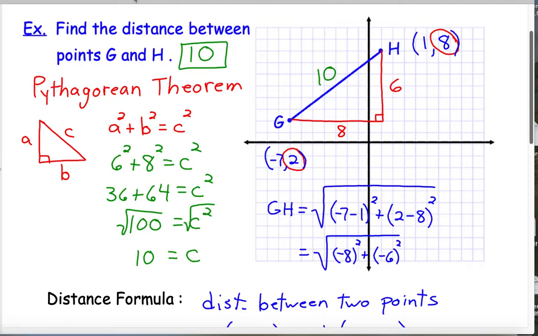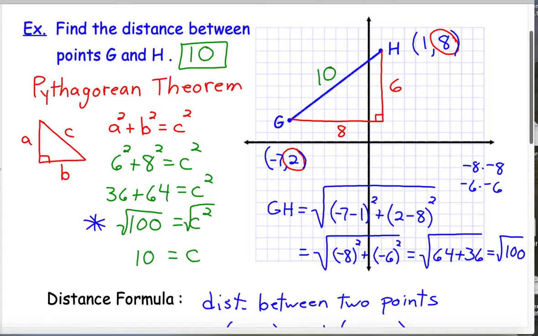And so let me keep going to the right. Now, negative 8 squared, that's negative 8 times negative 8, which is going to be a positive 64. And then negative 6 squared, negative 6 times negative 6 is a positive 36. And so when I add those together, I get 100. Wait a minute, that's exactly what I had when I did it with the Pythagorean theorem. The square root of 100 is 10. And that's the same answer.